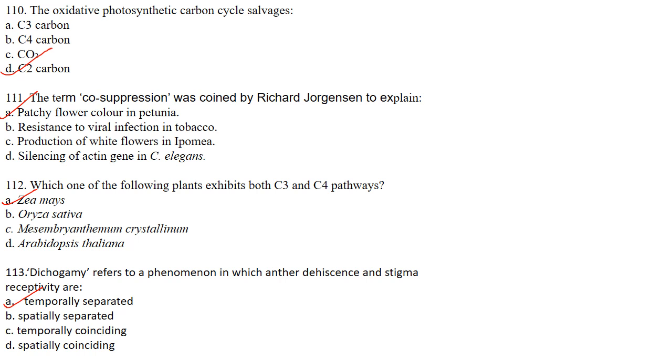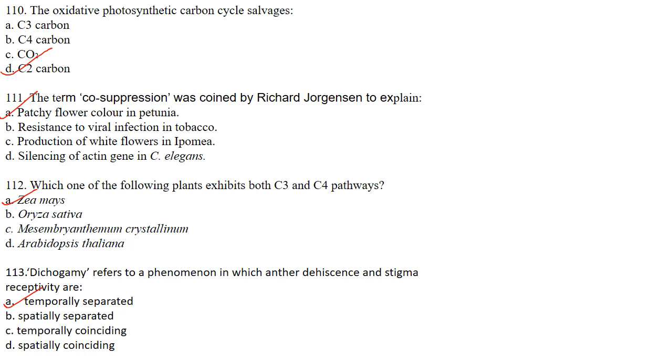Then in co-suppression, when a gene is introduced by transformation into a cell, neither the resident nor the transgene copy of the same gene is expressed. So when you introduce a new gene which is similar or the same as the endogenous gene, then neither the endogenous gene nor the introduced gene will express.